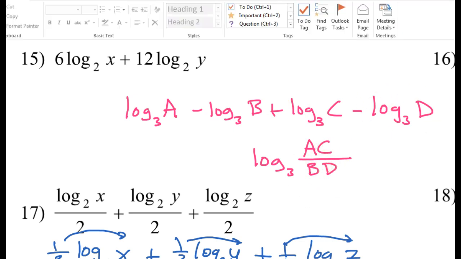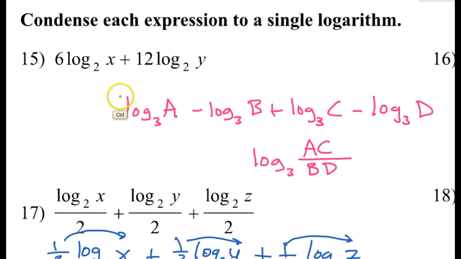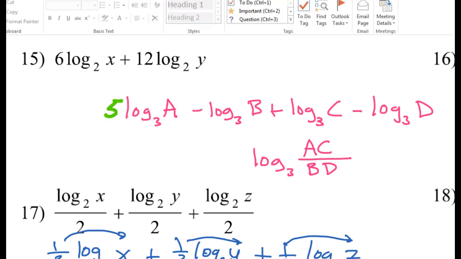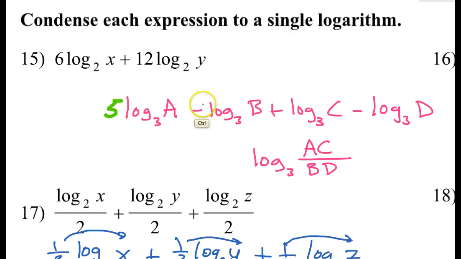Okay? And then there's one final property that you need to be comfortable with. If you have a number in the front, say I have a 5 here, I keep accidentally picking the big ink. Let's say I have a 6 here. This 5 is going to become an exponent. This 6, when it condenses, will become an exponent.